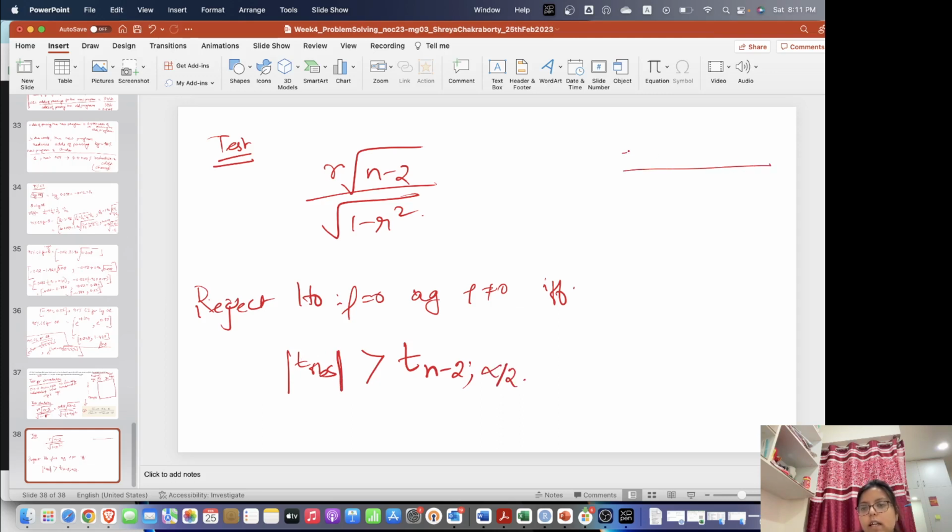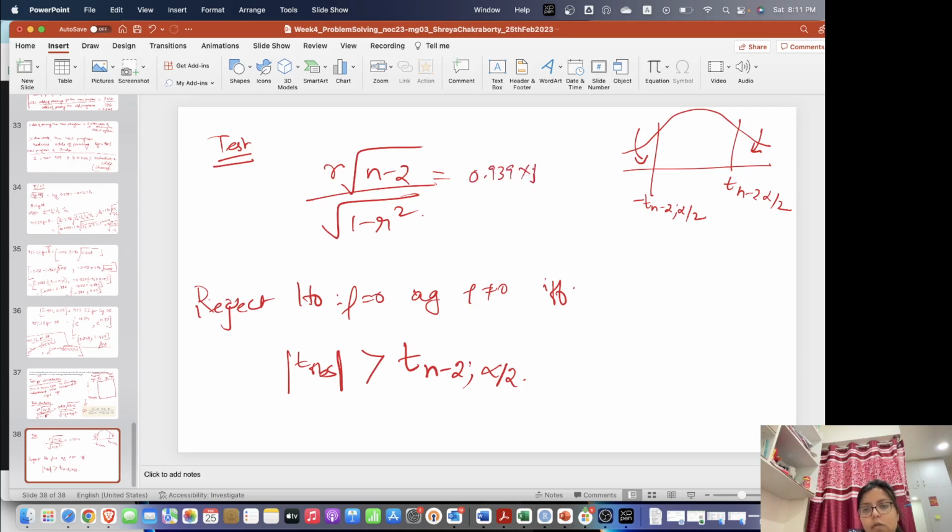So what it exactly means is that if this is t n minus 2 alpha by 2 and minus t n minus 2 alpha by 2, then if the test statistic falls in this region or this region, we are going to reject it.